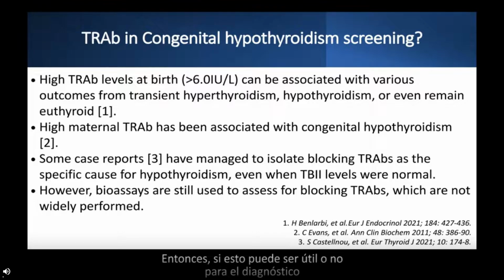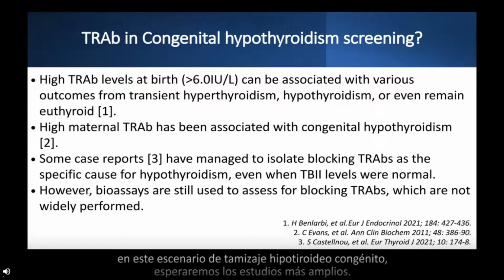So whether or not this may be useful for diagnosis in this congenital hypothyroid screening scenario will await further larger studies.